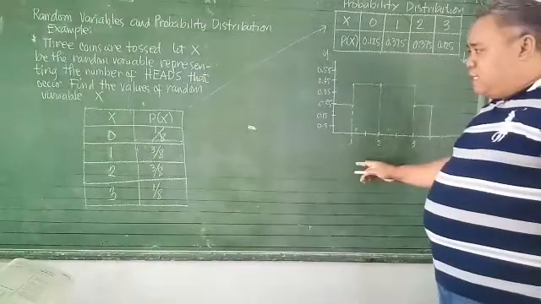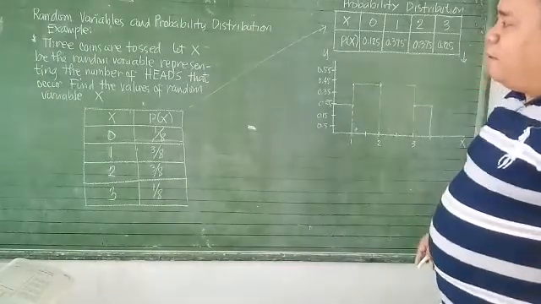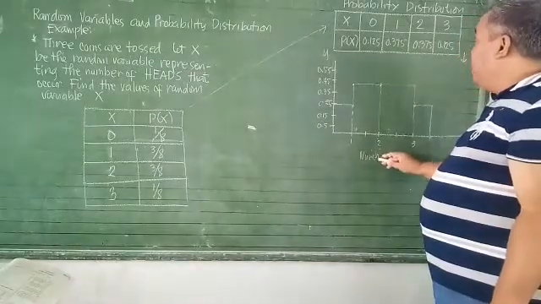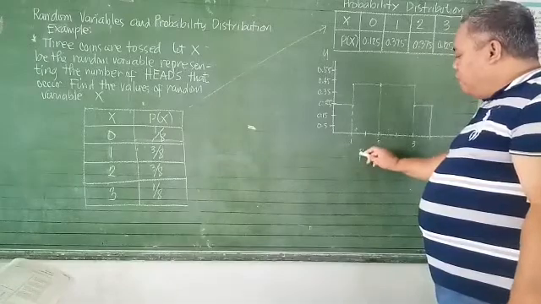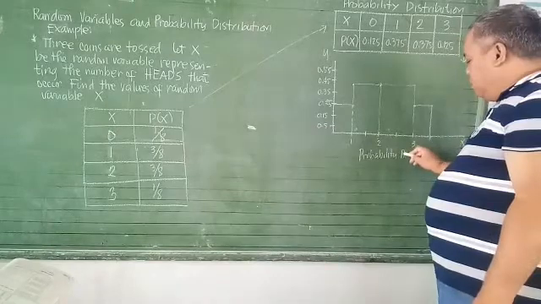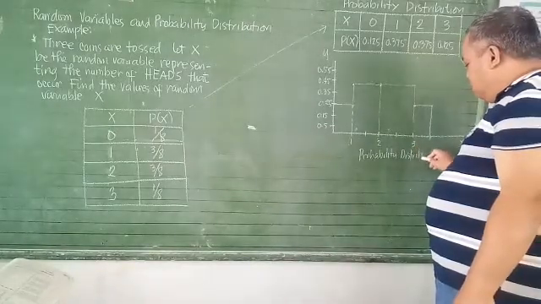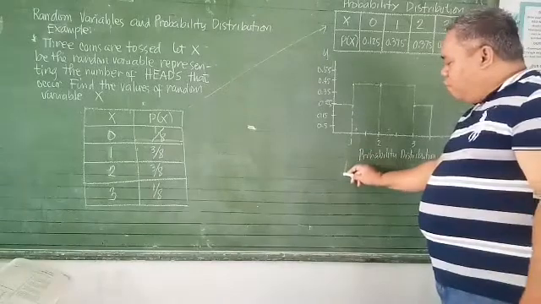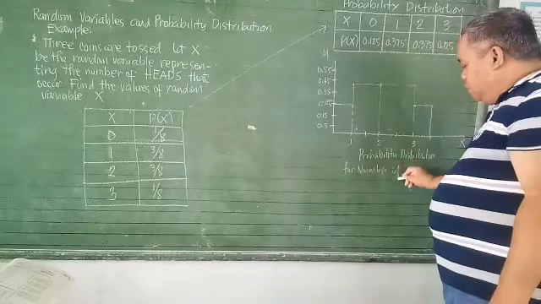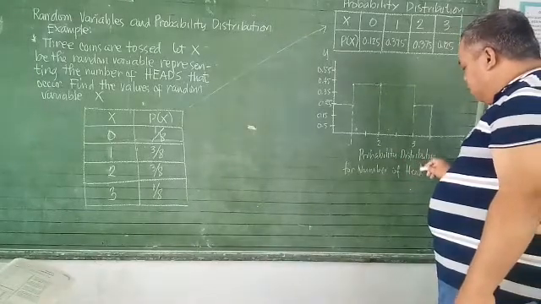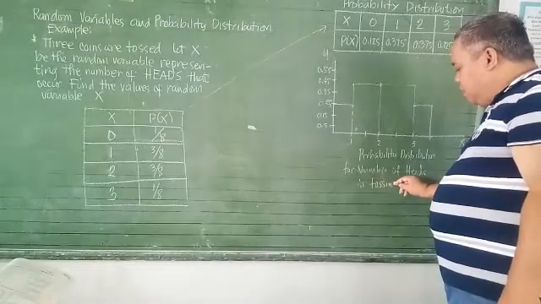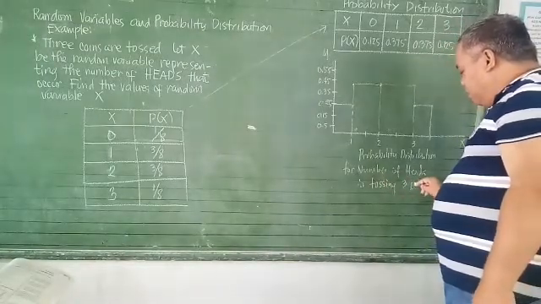Now, we're going to label this as histogram for the number of heads. Probability distribution for the number of heads in tossing 3 coins.